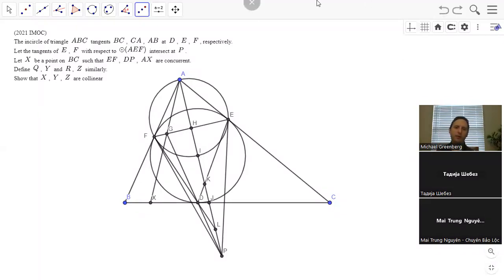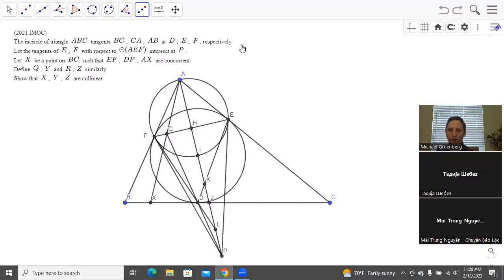I guess we could say FG over GE is DF over DE times sine FDG over sine EDG. We could try that. We have PHIA, and then project it onto EF.